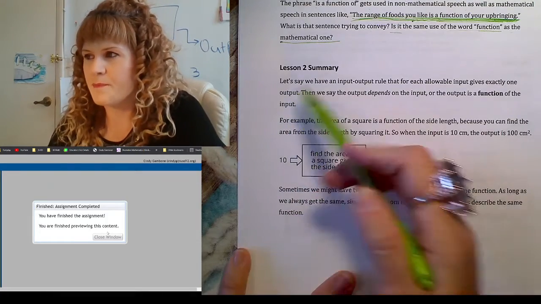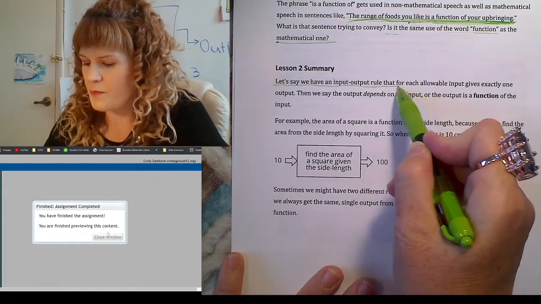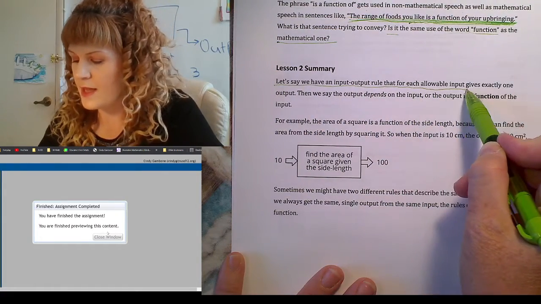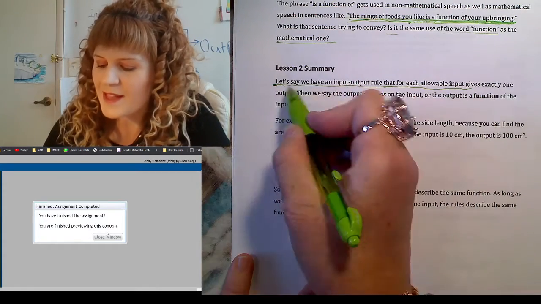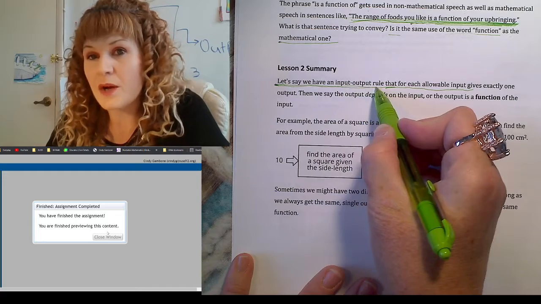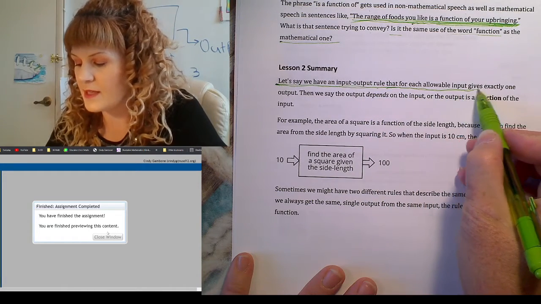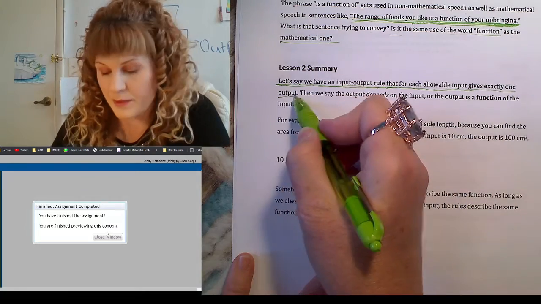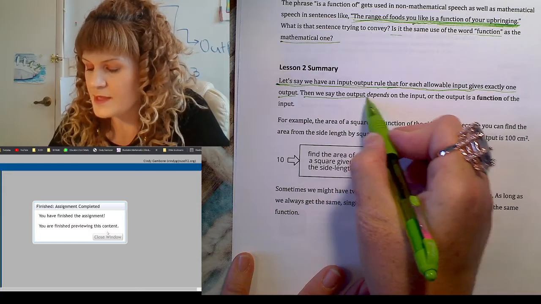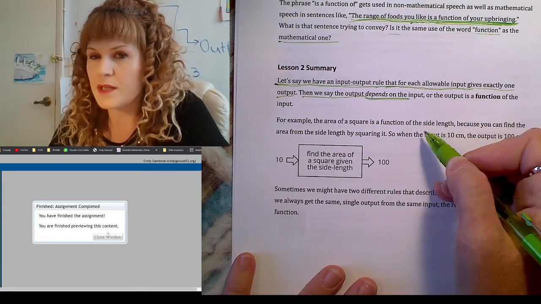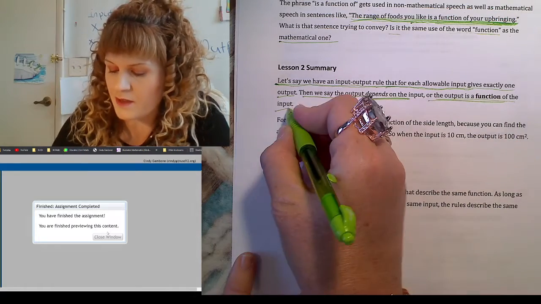Let me read the summary. Let's say we have an input-output rule that for each allowable input gives exactly one output. Then we say the output depends on the input, or the output is a function of the input.